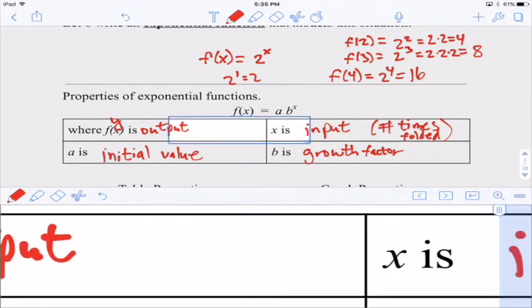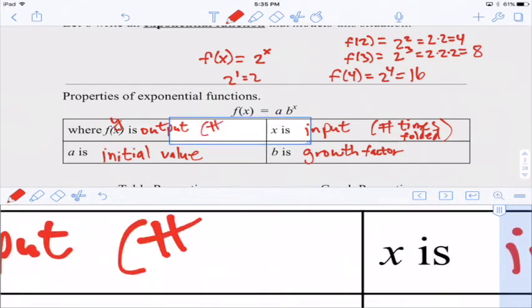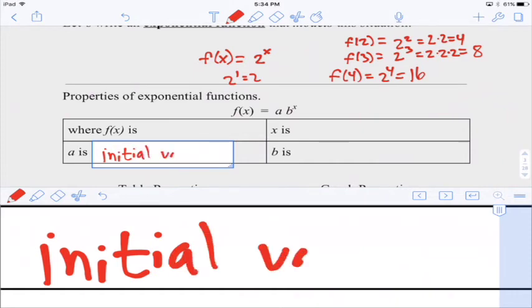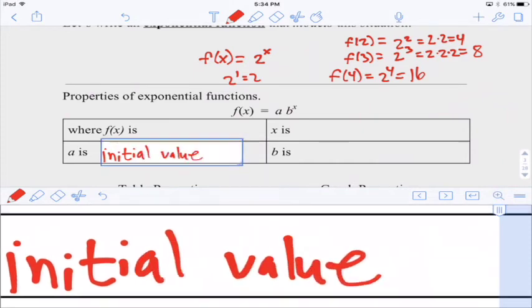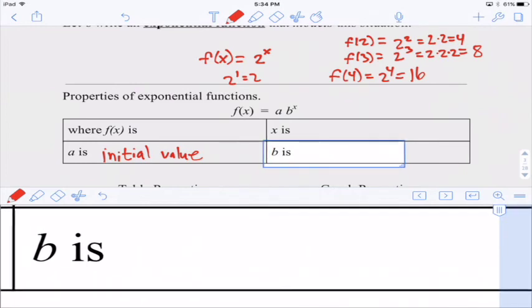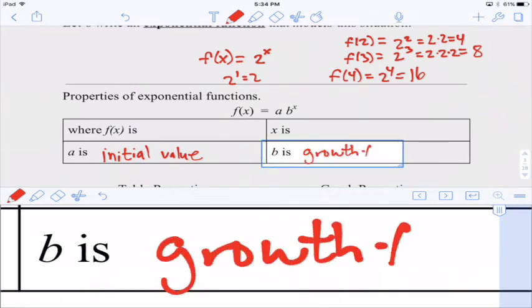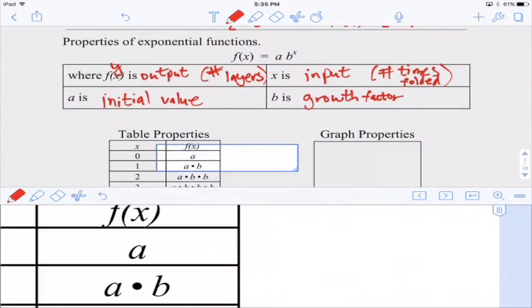In our case, that was the number of layers. A is our initial value. B is our growth factor. So that's just a brief introduction.